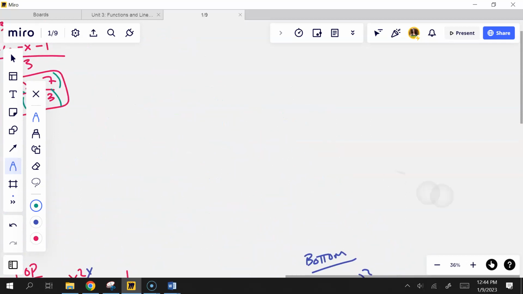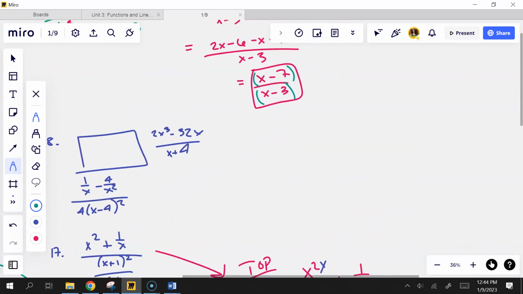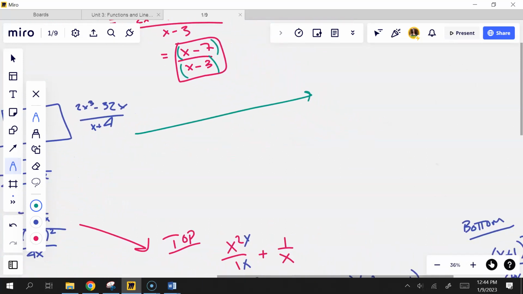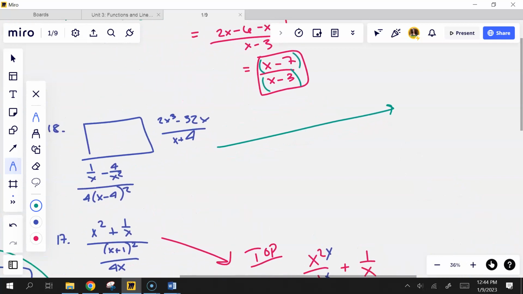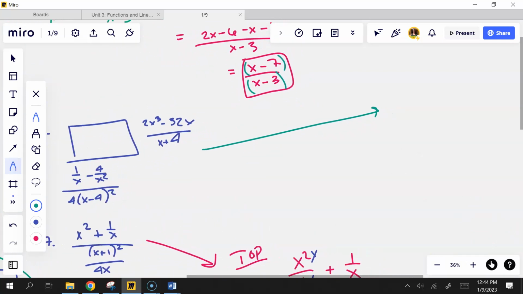All right, last one. 18. What did it say? Find the area? So let's just, okay. All right, let's look at this one first, and let's simplify it first.